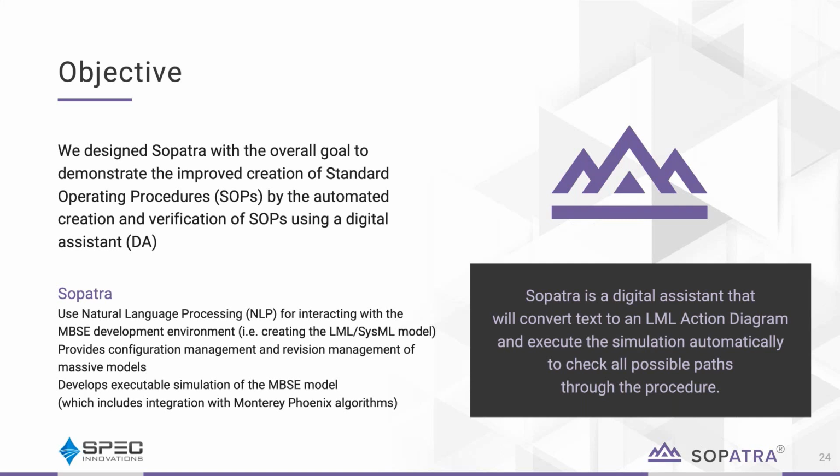So usually an SOP is written in text, and to be able to convert that into models. And so we're looking at more and more applications of that in the future, but that's the main thing right now. Also, what this does is provide configuration management and revision management for massive models. As your models get bigger and more complex, it lets you do that. Also giving us the executability, both with discrete event and Monte Carlo.